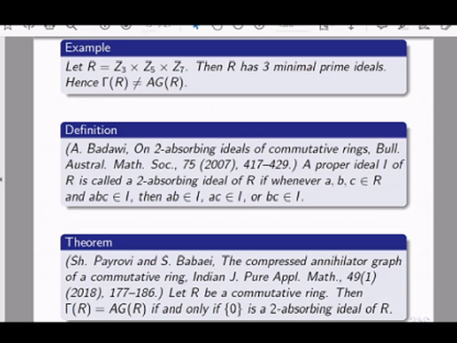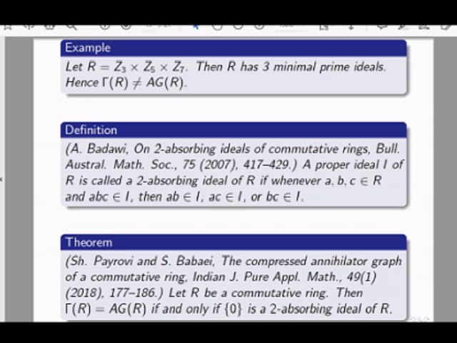In 2007, I defined two absorbing ideals. What is a two absorbing ideal? If you have an ideal I, then I is called two absorbing if whenever a product of three elements abc is in I, then ab is in I or ac or bc. So this is a generalization of a prime ideal.